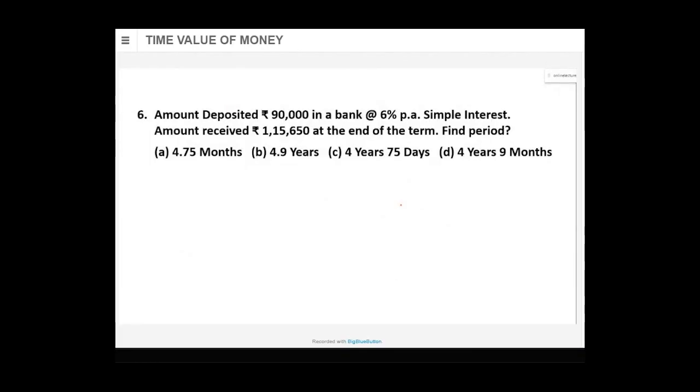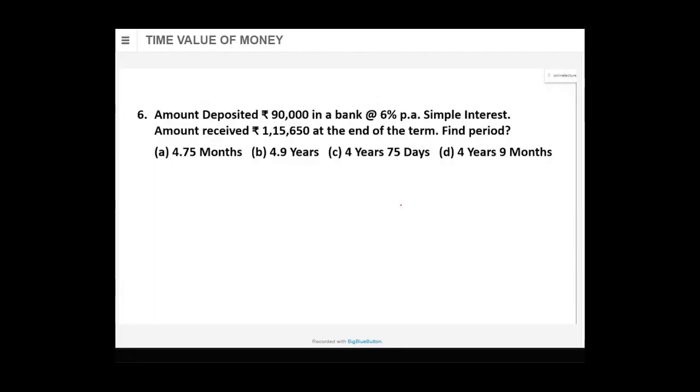A, B, C, D options are given here. So solve it and give me the answer. Amount deposited, 90,000 in a bank. So 90,000 is your P. Amount deposited, the amount which you gave to the bank, at the rate 6% per annum, simple interest.